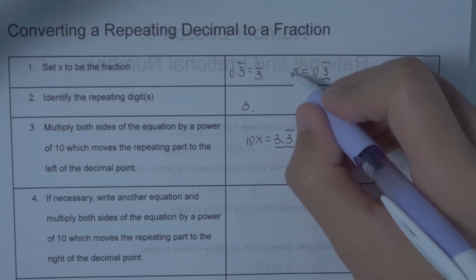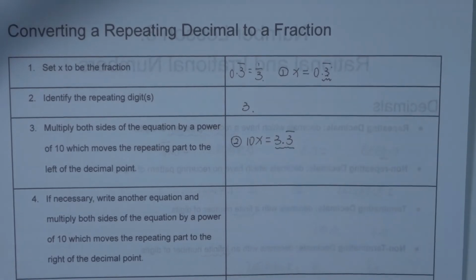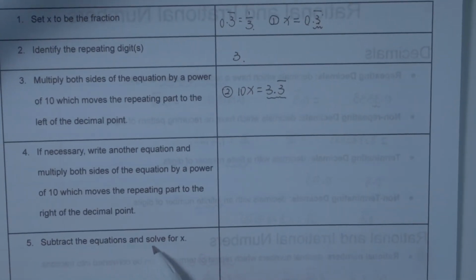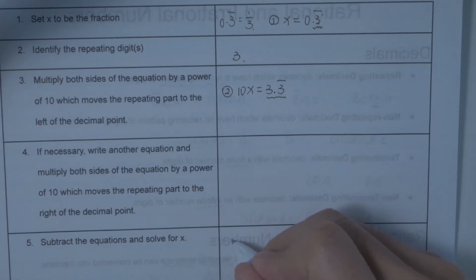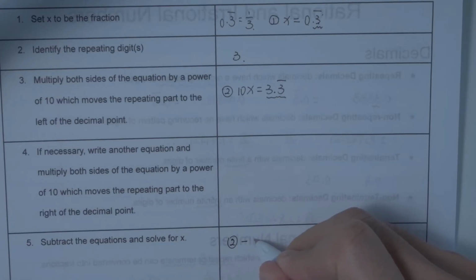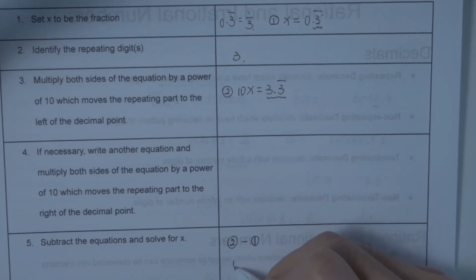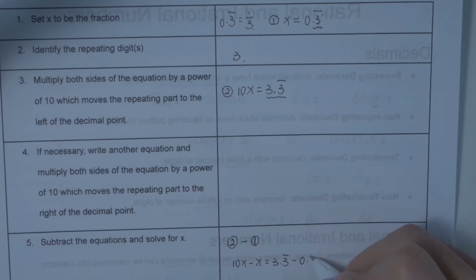So now we have equation 1 and equation 2, and we subtract the equations and solve for x. So we have equation 2 minus equation 1, and this one is 10x minus x equals 3.3 repeating minus 0.3 repeating.